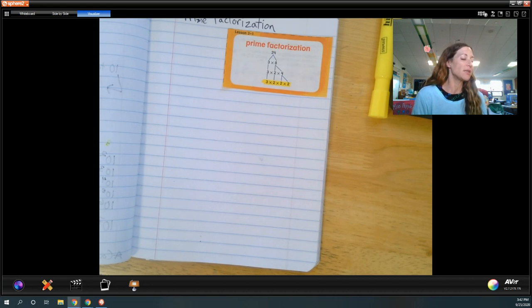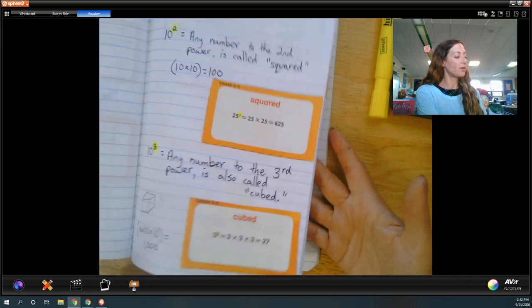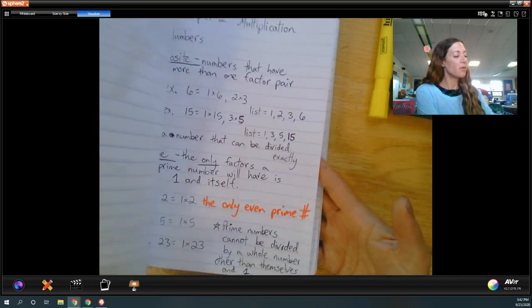Okay, so quick recap, because you have already worked and learned all about prime factorization. Prime factorization is basically the ability to take any number and break that number apart using its factors. But instead of just finding the factors of that number, you need to keep going through the factorization process until the only numbers you have left are prime numbers. And if you suddenly forgot what a prime number is, you can always go back and check.